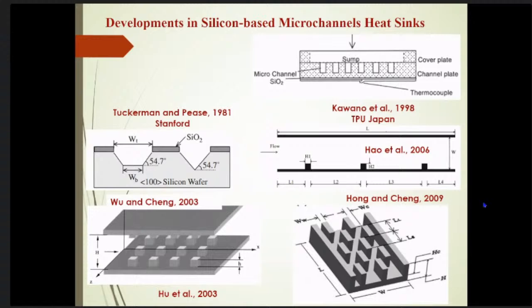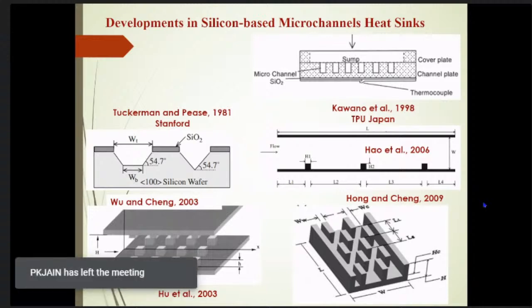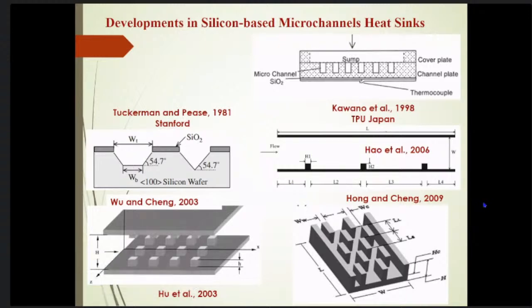At the same time, we have to check what state-of-the-art micro machining is available, so that it can be used to fabricate the kind of channels and the kind of passive structures we want in the channel.